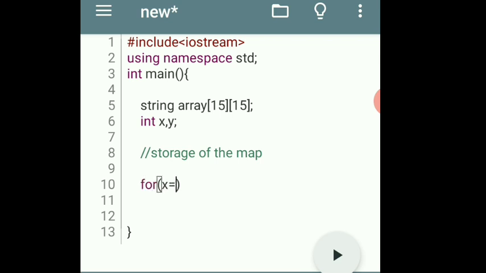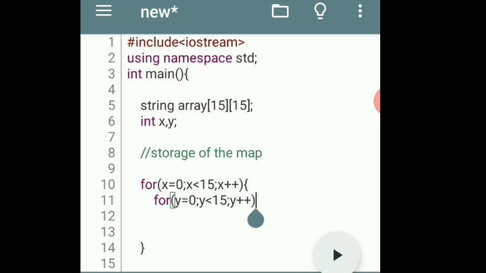For x is equal to 0 and x is less than 15, which is our maximum number of elements, and then we have increment x. Inside the for loop we have another nested for loop, which will use the y variable. So y equals 0 and y is less than 15, and then we have y++.